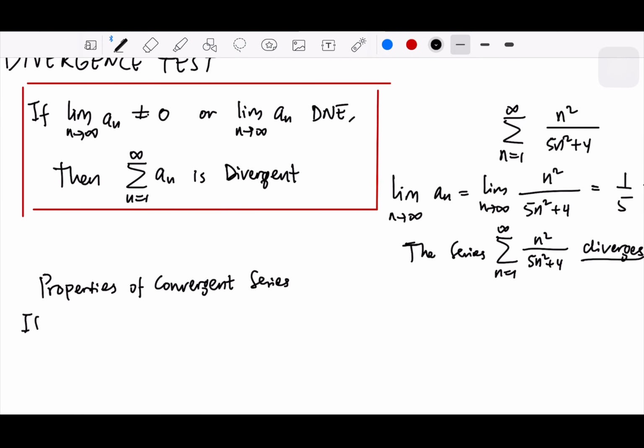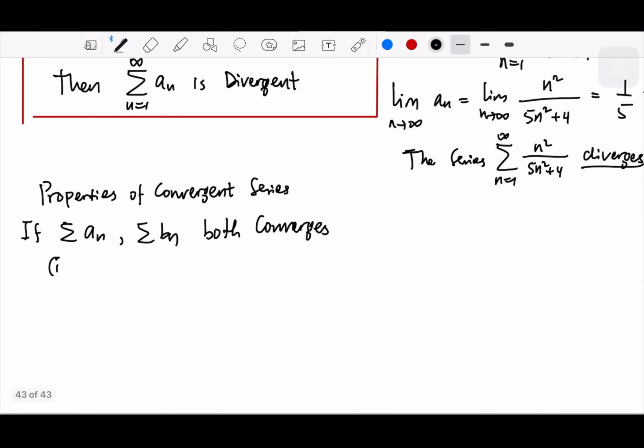So if series an and series bn both converge, then if we multiply with a constant, it's still convergent.